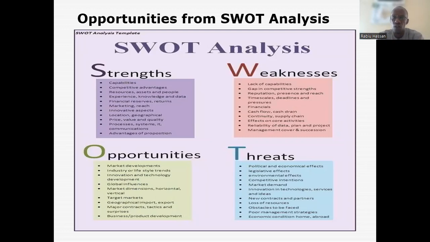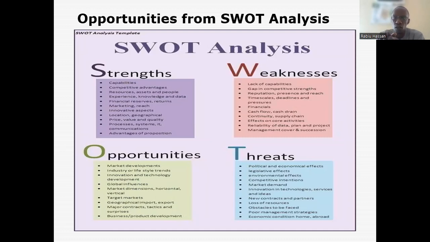For example, if you are an introvert, very shy, not outspoken, you can develop public speaking skills so that it will help you engage without much fear in the marketplace. And then opportunities, what are the things like good government policies, like weak competitors, that will really help you to achieve success in the marketplace.